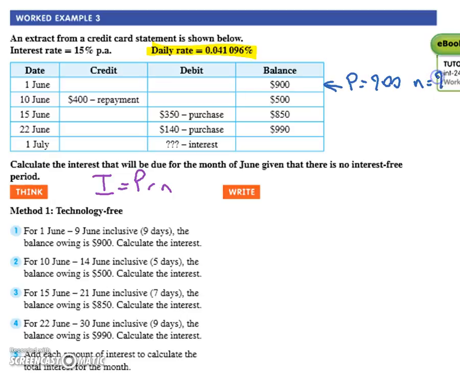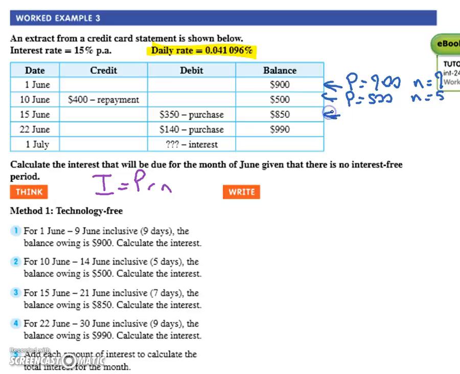Okay. Now look at this next bit. What's our P going to be? 500. It says it there. And then for how many days? 10th of June. What they owe on the 11th of June? 12th of June. 13th of June. And the 14th of June. So N equals 5.